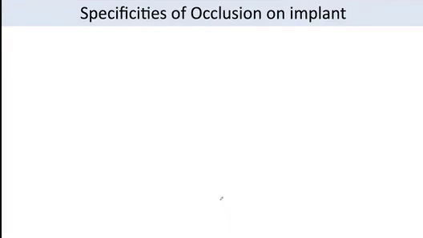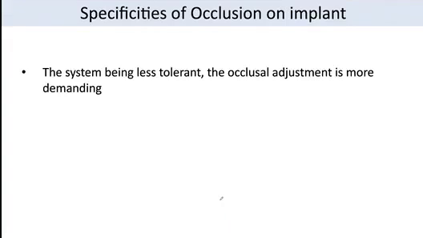Of course, there are specificities of occlusion and implants. The system is less tolerant, with no periodontal desmodontal cushioning. That means that we must be more attentive. You have to pay more attention to the occlusal adjustment.